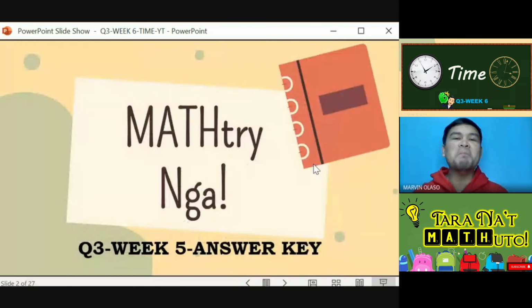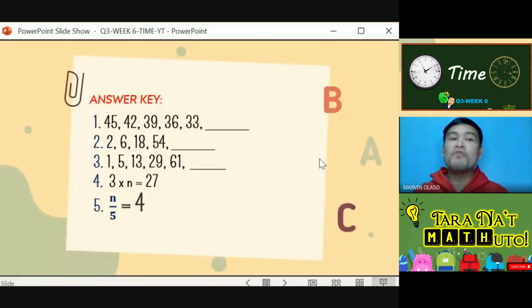Here is the Math Try Nga Quarter 3 Week number 5 answer key. For number 1, the rule is minus 3. So the answer is 30. Number 2, rule is multiply by 3. So the answer is 162.